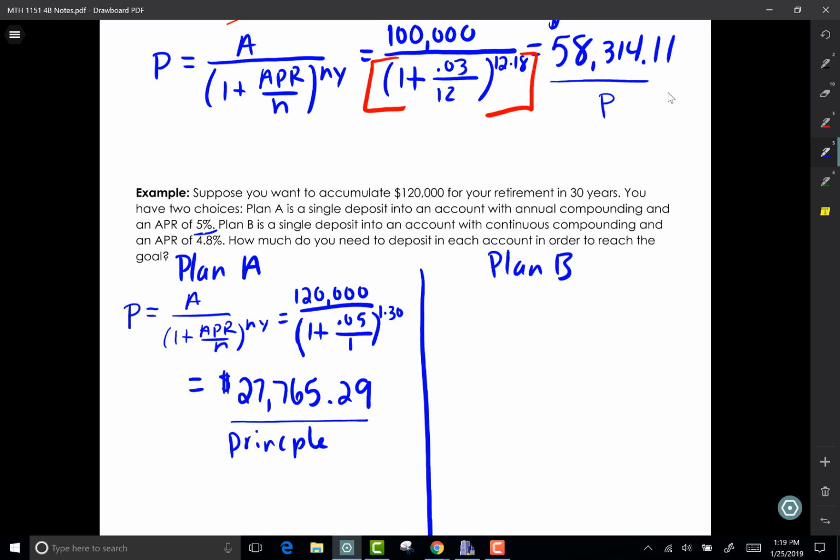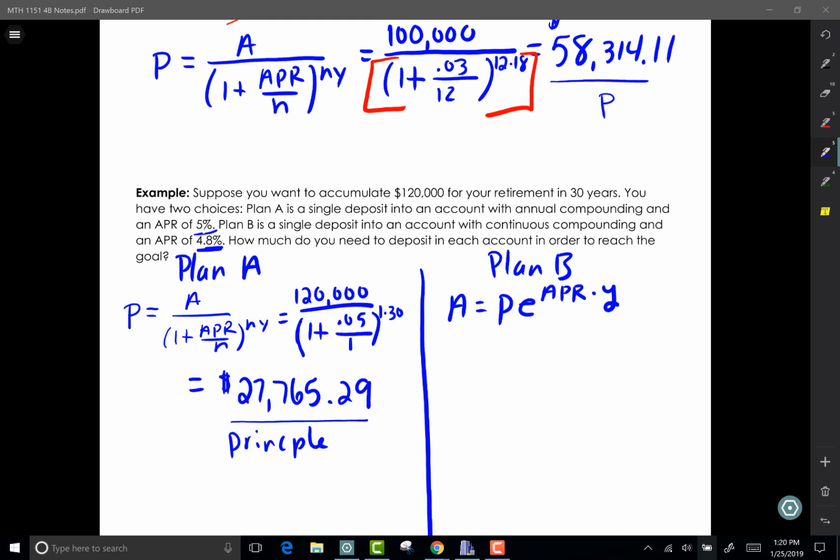For Plan B, it's a single deposit into an account that has continuous compounding, so that's going to be this formula, with an APR of 4.8%. For this formula, we haven't solved for P yet.